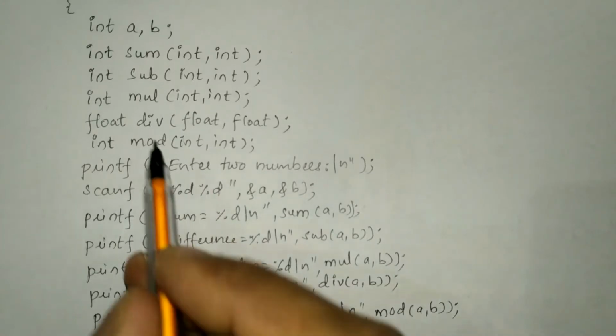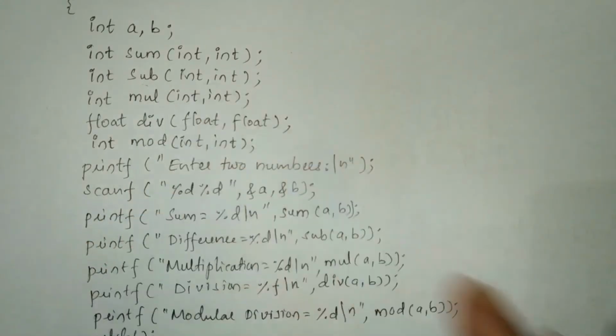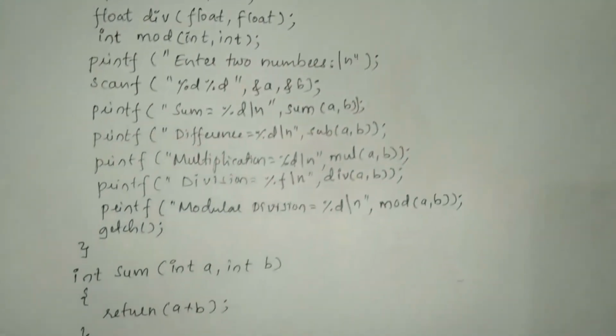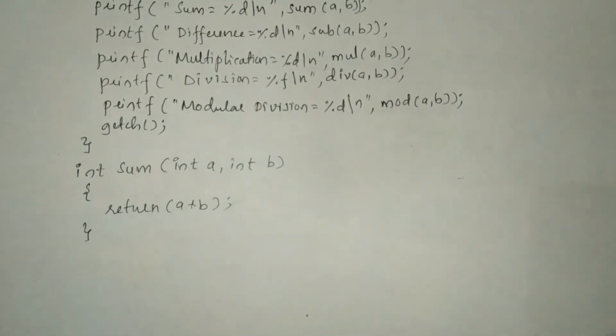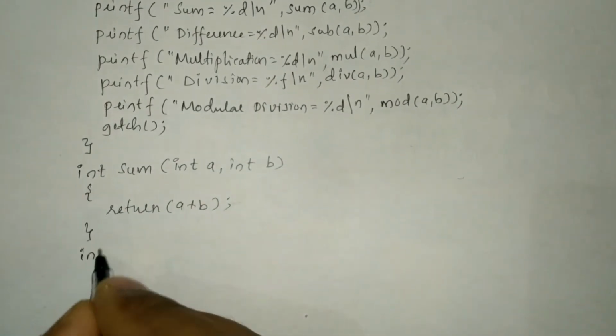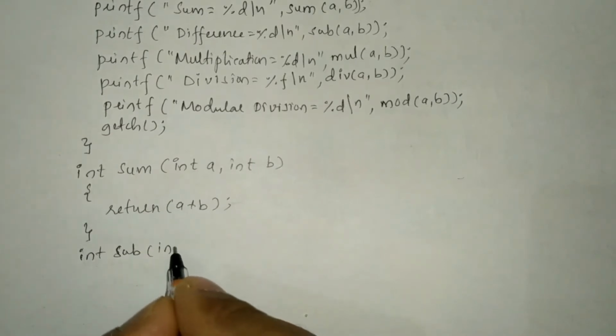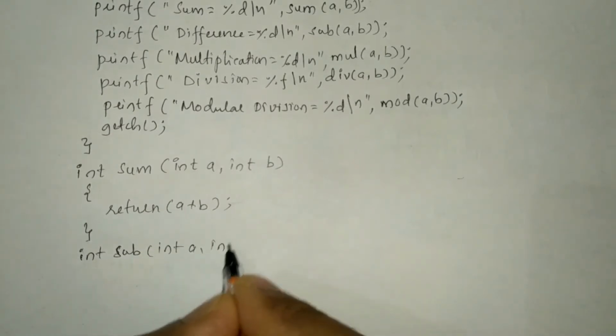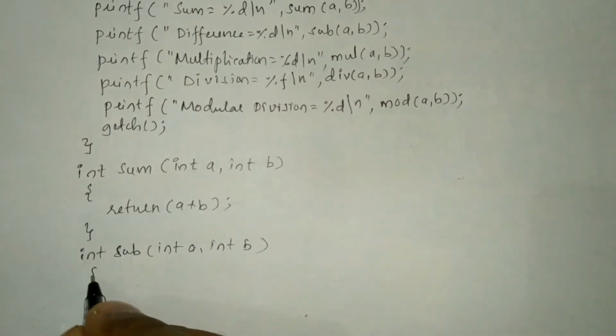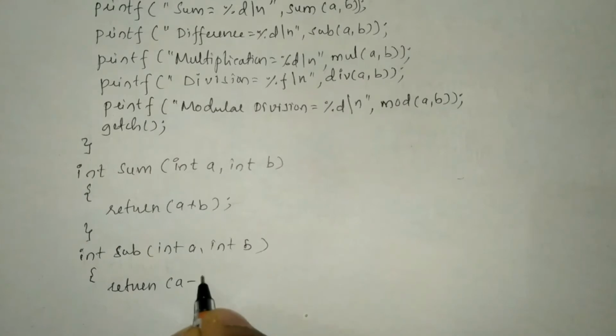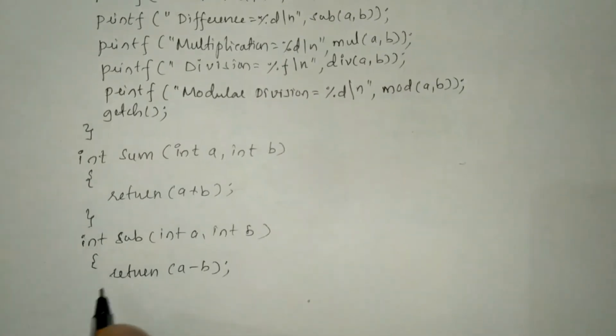Next we are going to define the subtraction function, that is int sub. We are going to define it here. I'm going to write int sub, int a comma int b, curly open brace, return a minus b and semicolon, curly closing brace.